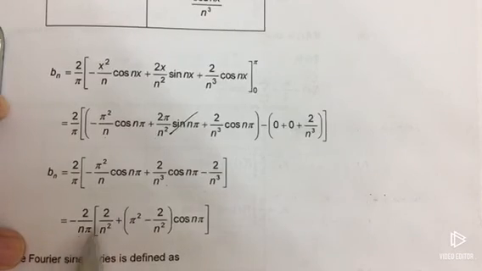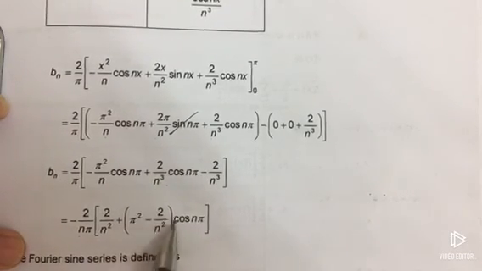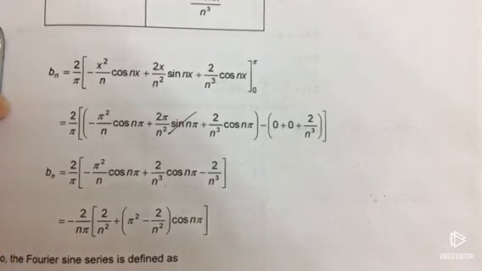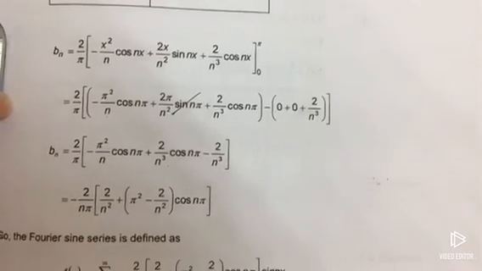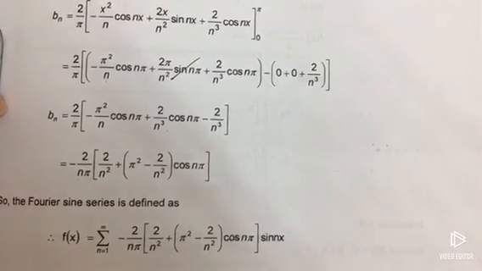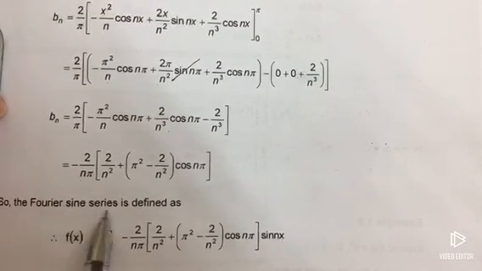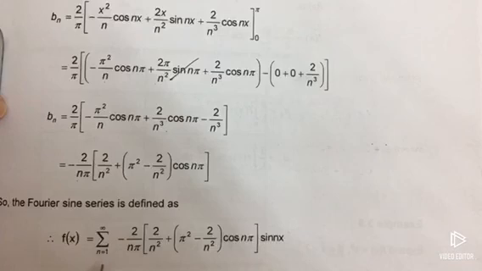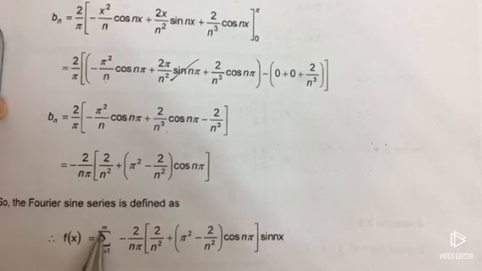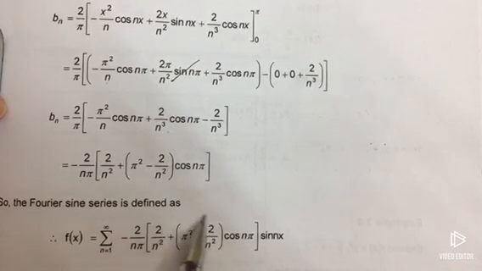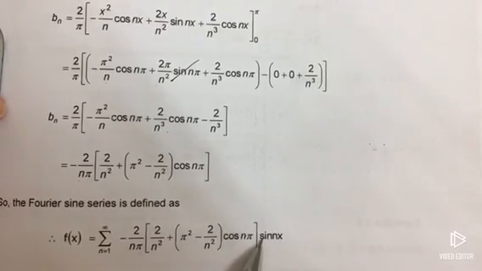Okay, n we already took out, so we get pi squared here, 2 over n squared cos n pi. So the final answer, the Fourier sine series is defined as the summation from 1 to infinity of Bn sin nx, where this is the value of Bn.